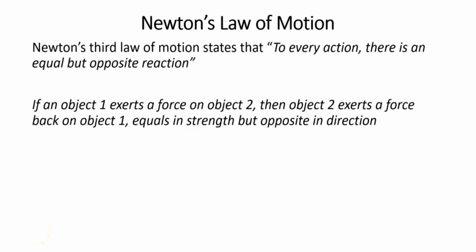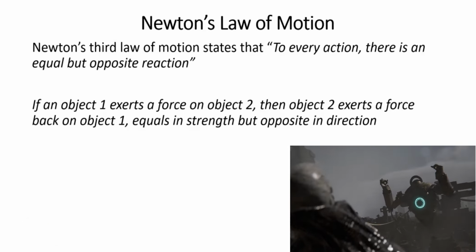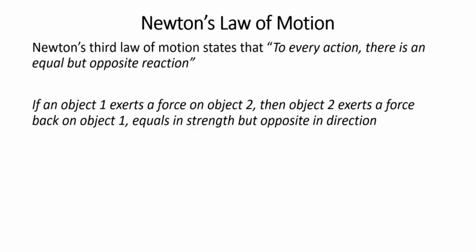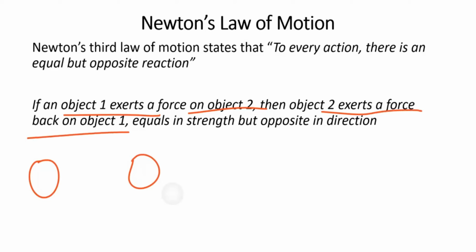The third law of motion states that for every action, there is an equal and opposite reaction. So if object 1 exerts a force on object 2, then object 2 exerts a force back on object 1, which is equal in strength but opposite in direction.